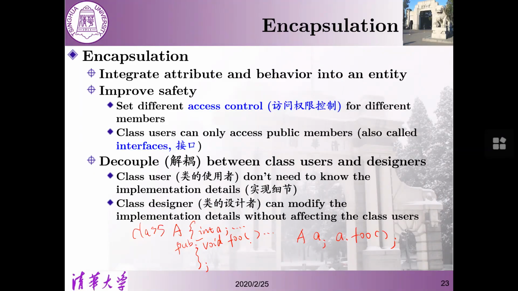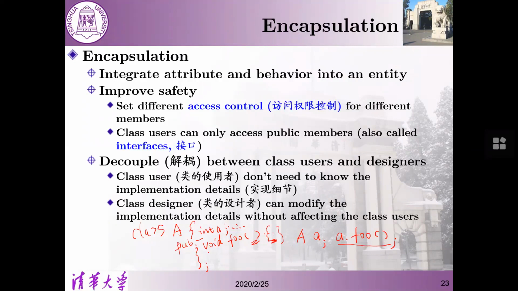Then maybe in the future, you found that this implementation for this function, you may want to have a better algorithm, right? Or you may even change these different variables to make it more efficient. Then if you want to change the implementation, you do not need to worry about the usage, right?